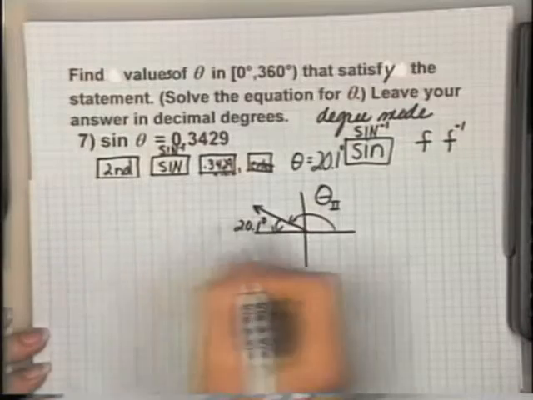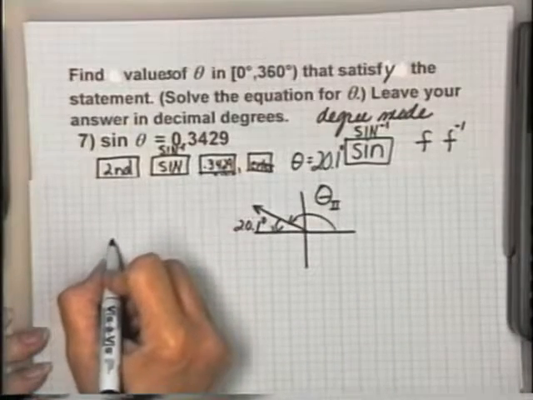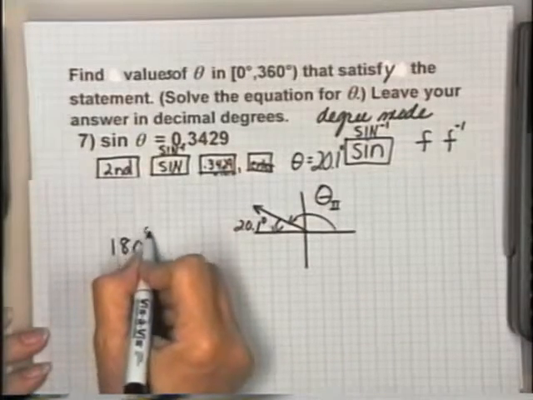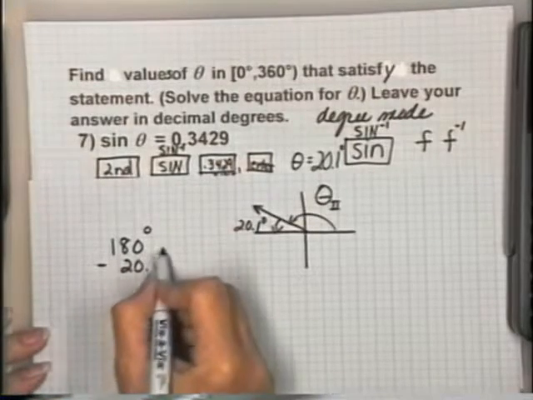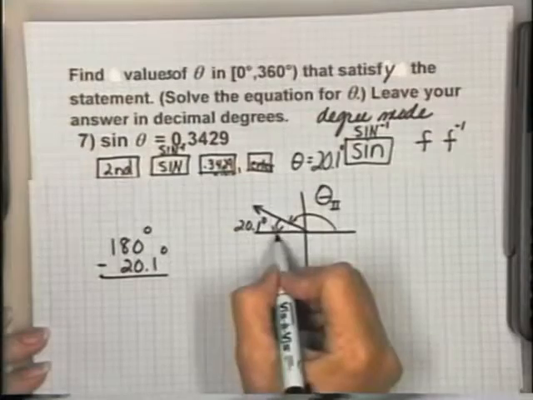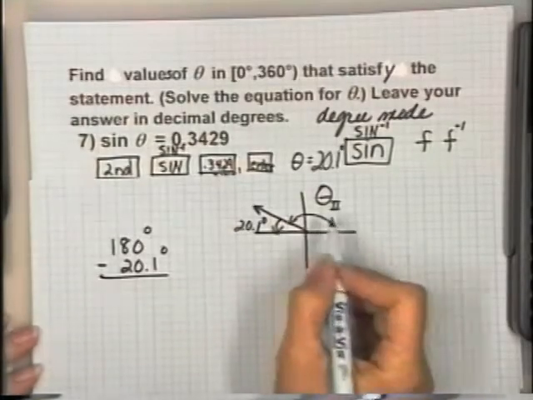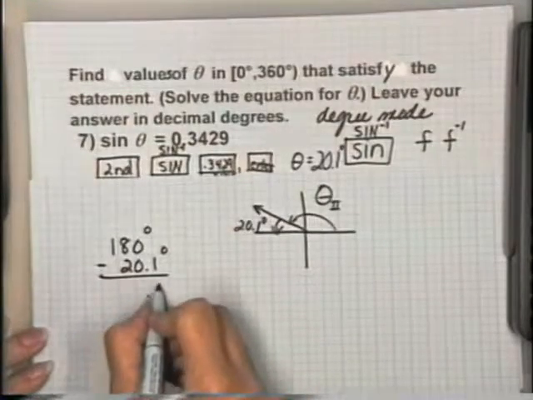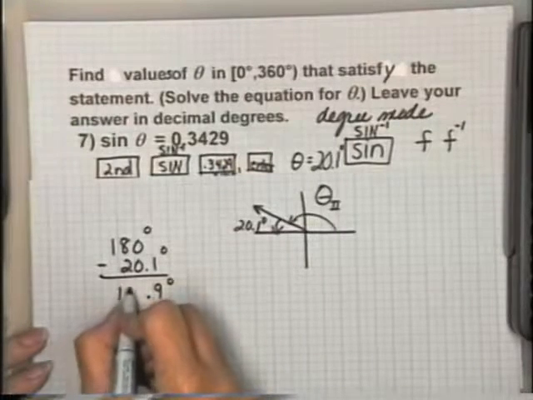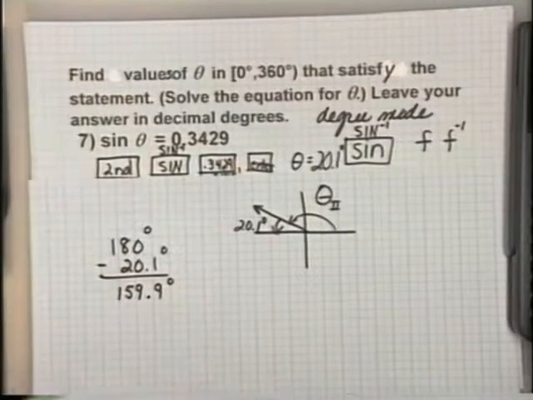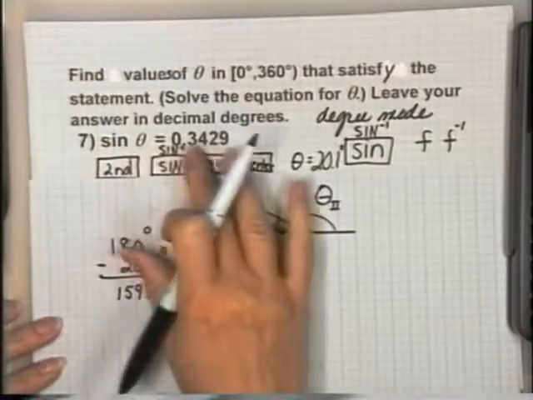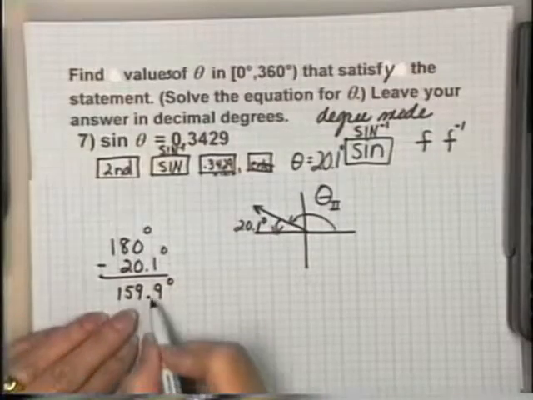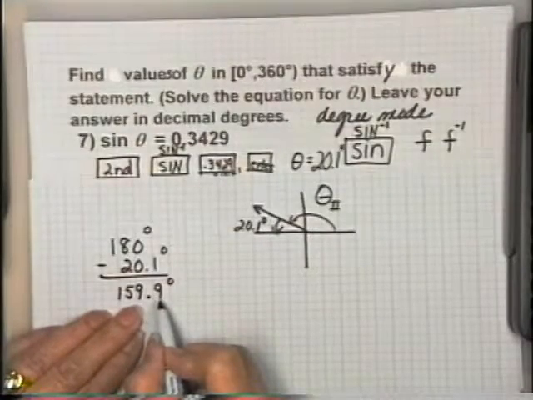Well, the way we will find the second quadrant angle is we'll say 180 degrees minus 20.1 degrees. 180 minus that will give us what's left. And when we subtract it, we get 159 9/10 degrees. So the second quadrant angle that has a sine equal to 0.3429 is 159.9 degrees.